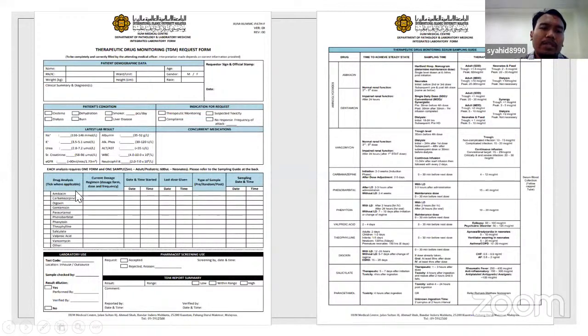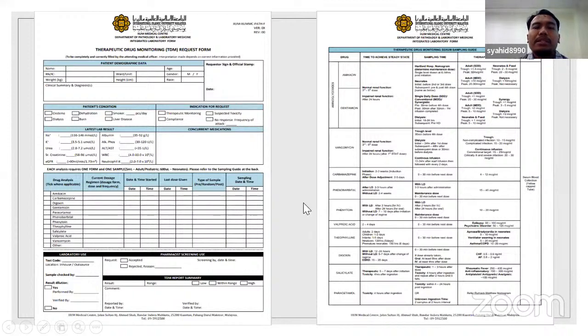Okay. For the last table, which is drug analysis, this is very important, because there are quite a few forms that we receive where they only fill in the medication and current dosage, and the date and time started, last dose given, type of sample, and sampling date and time are left unfilled.